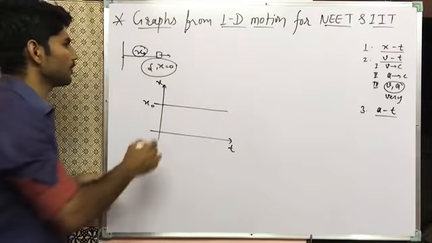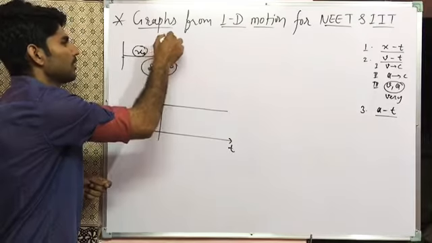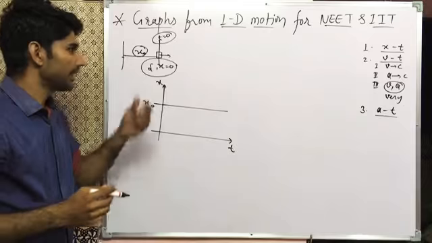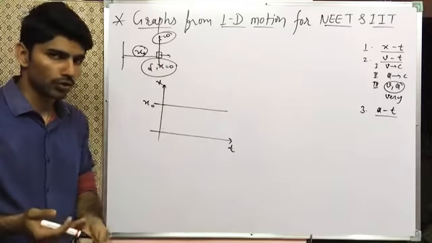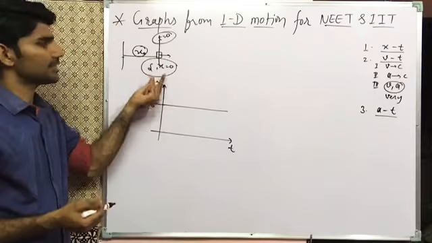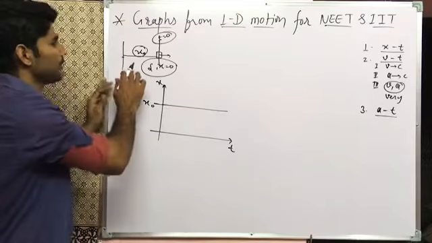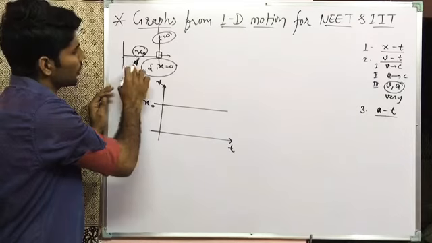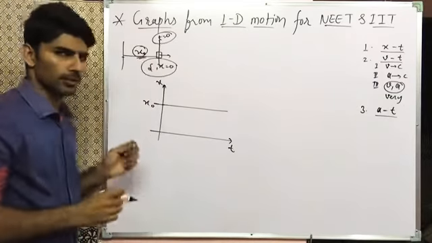So we start counting the time from here, and after that if this object is not moving, then this displacement is constant, which is equal to the initial displacement x naught.